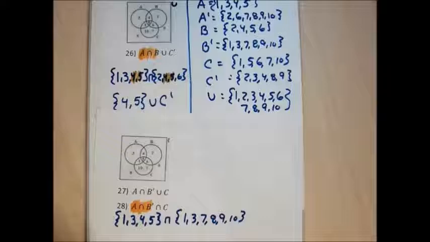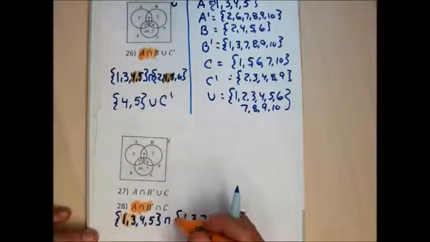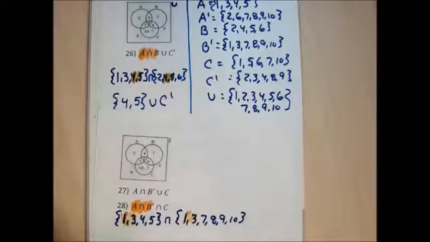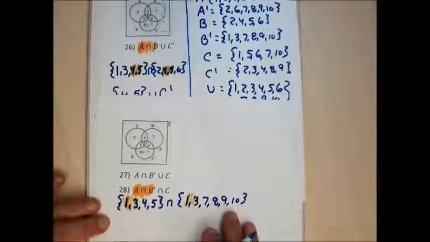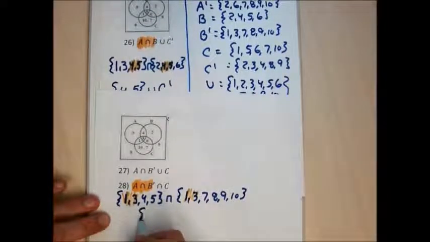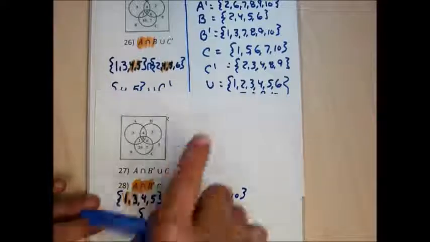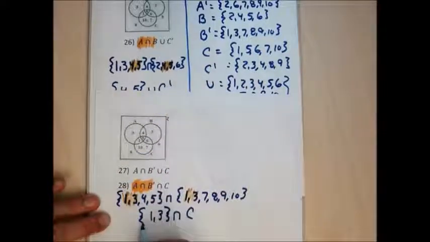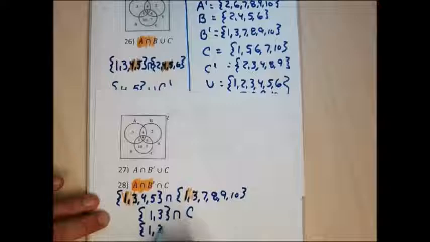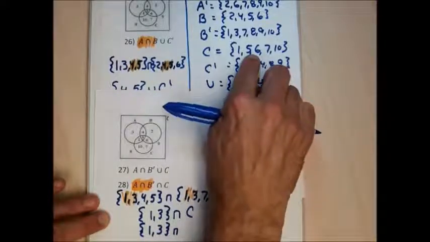When I intersect two sets, I write what the sets have in common. Those two sets have 1 and 3 in common. So the first thing I'm going to do is replace the A intersection B complement with the set containing 1 and 3. And then I'm going to intersect it with C. To intersect with C, I need to replace the C with what it's equal to. So in place of the symbol for C, I'm going to put the set 1, 5, 6, 7, and 10.